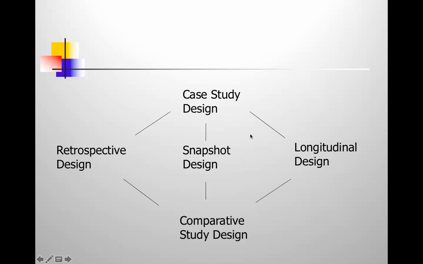Any of these temporal designs can be integrated with a case study design or a comparative design. So you could have a comparative snapshot design, a longitudinal case study, a retrospective case study, or a retrospective comparative design, which could help to structure the qualitative study.